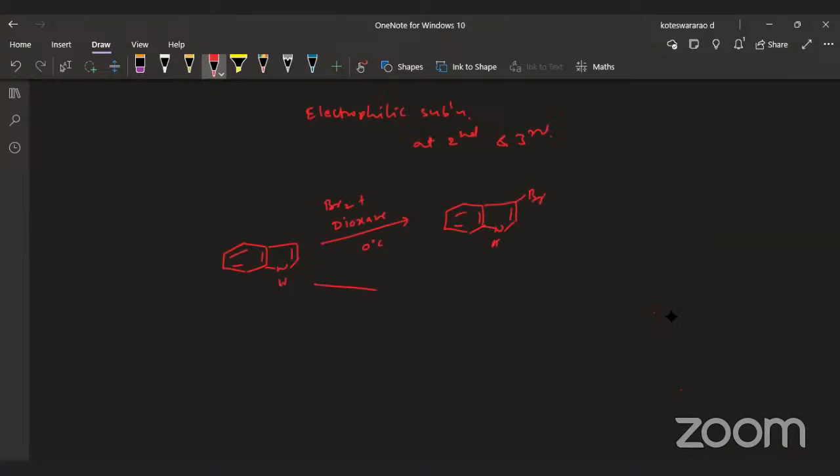The same indole reacts with ethyl nitrate, C2H5ONO2, at 0 degrees centigrade.